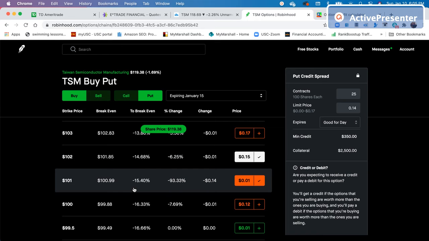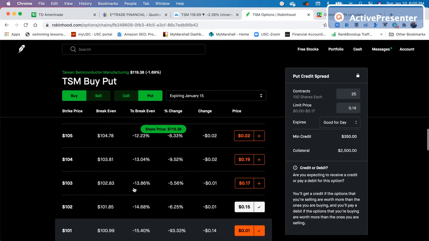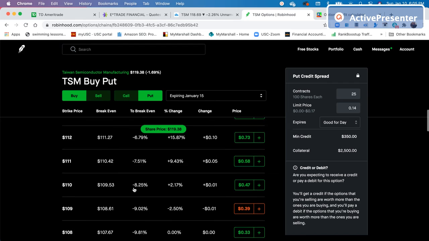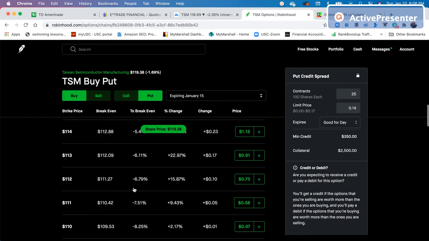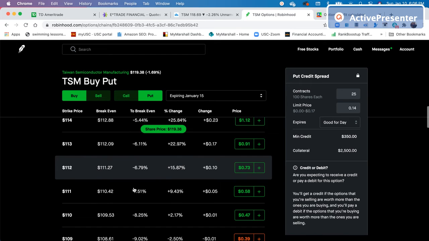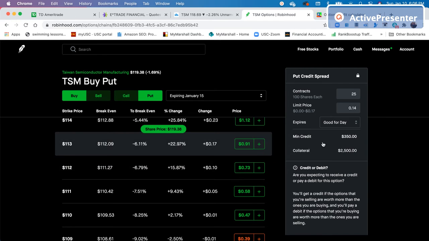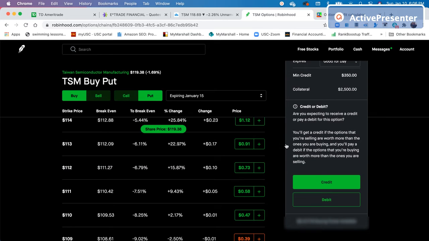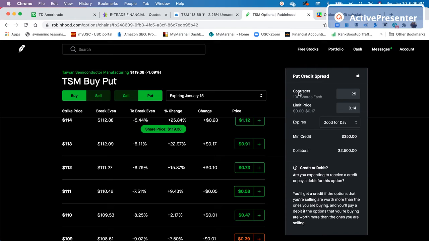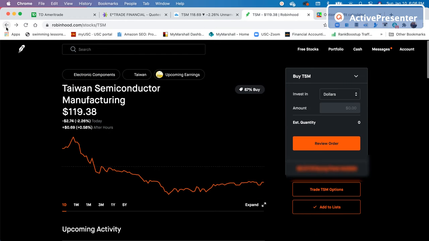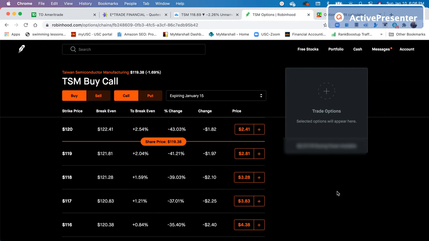Now I'm going to go to the calculator, but for the purposes of this exercise, when I get to the calculator, I'm going to use the price of 100. Let me just show you here. When I get to the calculator, I am going to use a different strike.